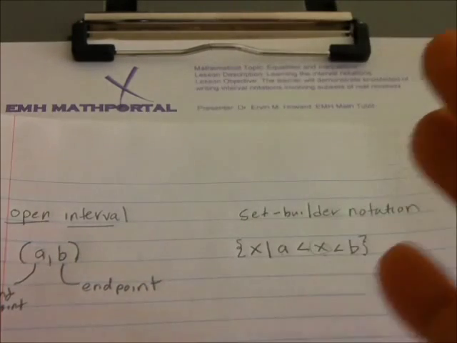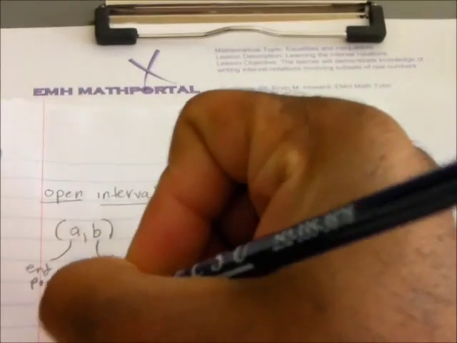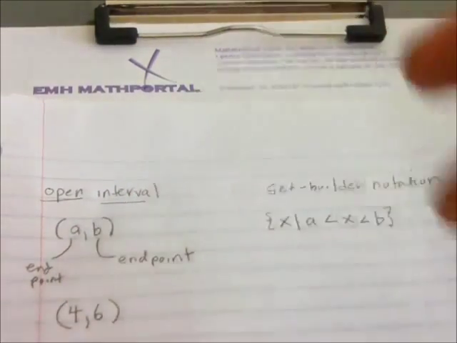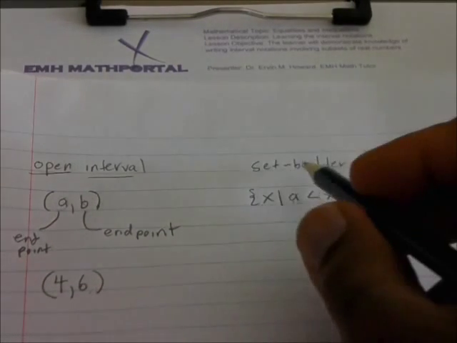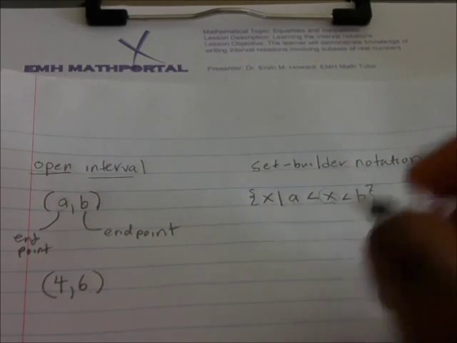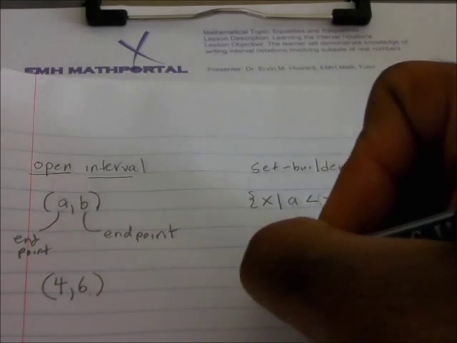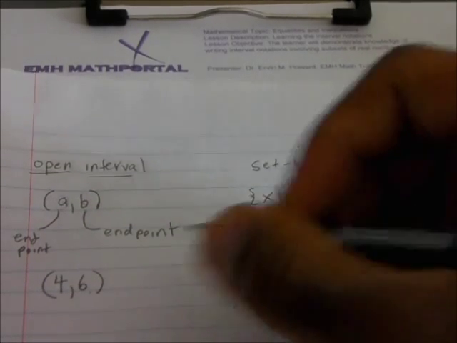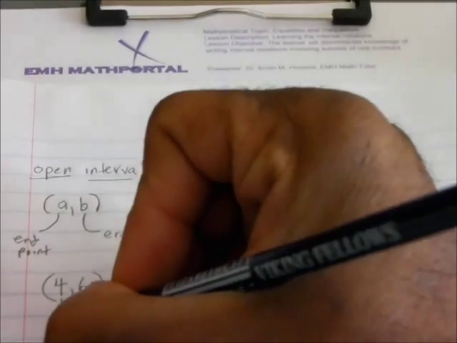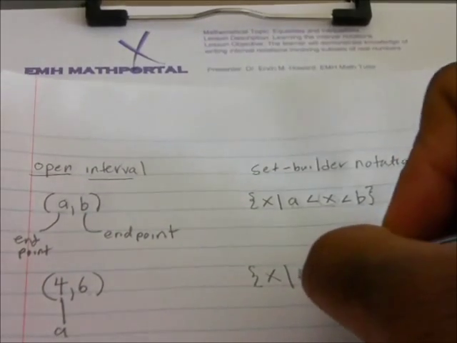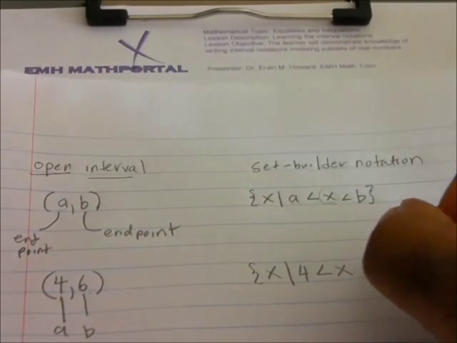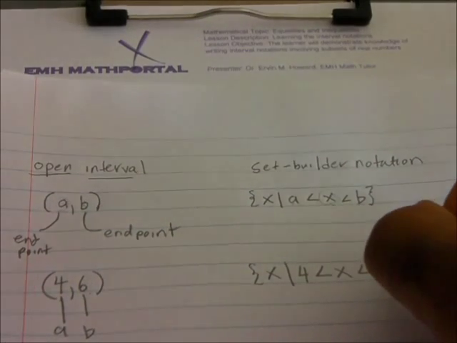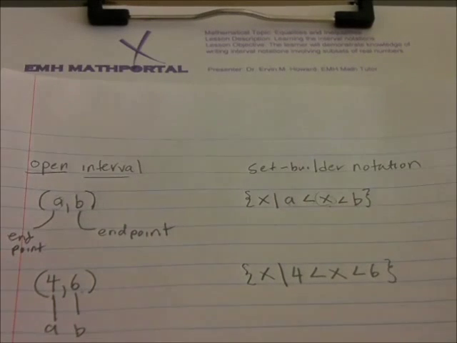So if I have numbers such as 4 and 6, this is an example. Now, if I write this based upon the set builder notation's definition, this would be the set of X such that 4, this is A, is less than X, which is less than 6, this is B, and then close the set builder notation.